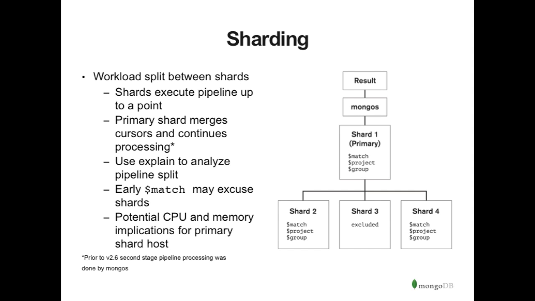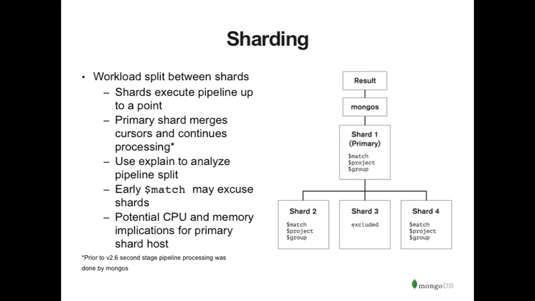It is important to note that the aggregation framework works with sharding. One of the design concepts of MongoDB is that all the essentially useful capabilities should work across sharding. And the way it works, you need to read this slide from the bottom up. If you execute an aggregation query, each of the individual shards will begin processing the pipeline stages in the aggregation query until it becomes necessary for all of the results to be aggregated together.